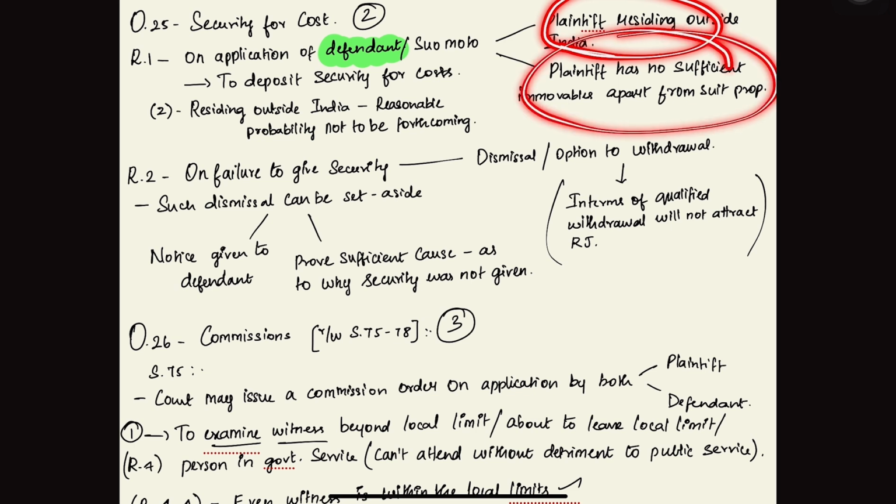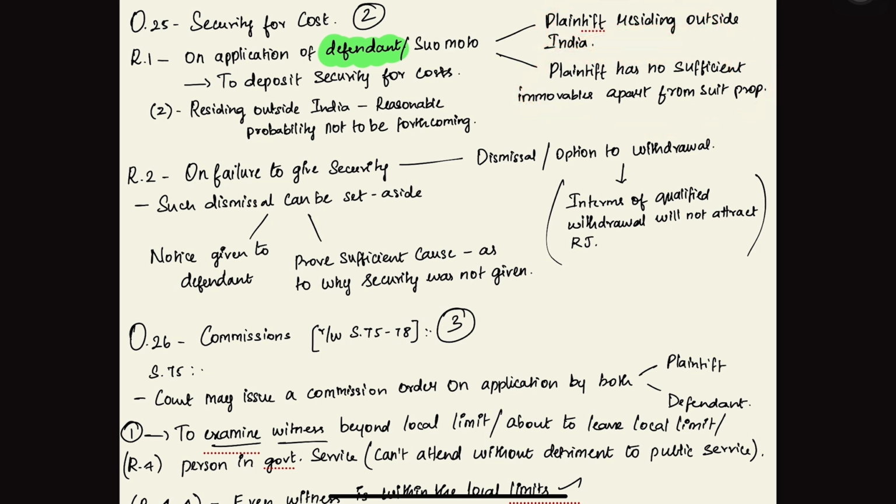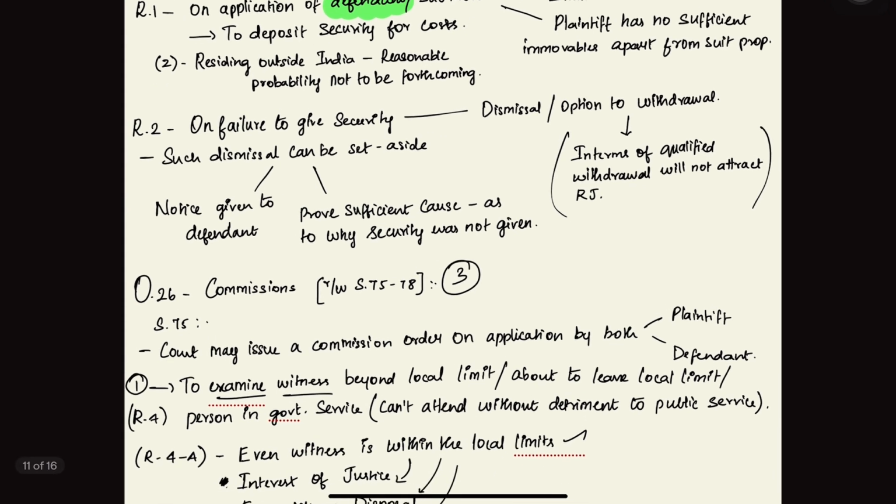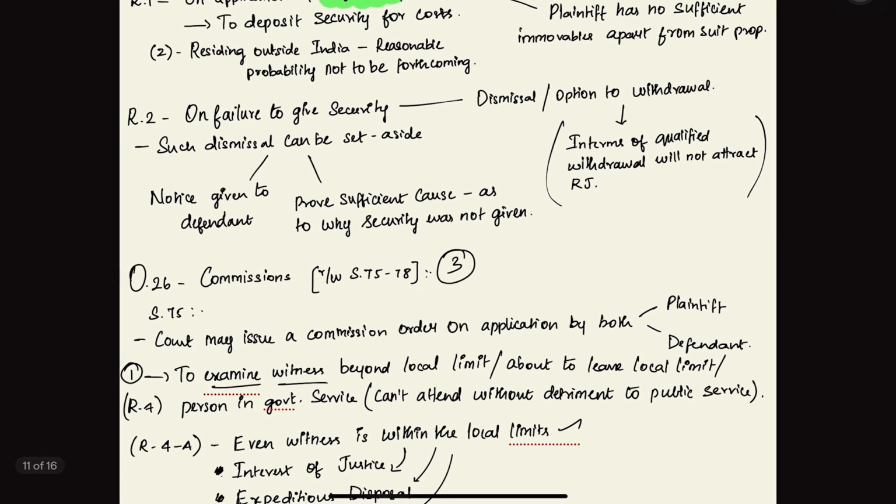And not just these two grounds, the plaintiff must be residing outside India, and there is no reasonable probability of him being forthcoming. So there is no chance of him coming back to the country where he has sued the defendant, right? So when the plaintiff does not provide any security, he will be given options, that is for dismissal of the suit or withdrawal, right?